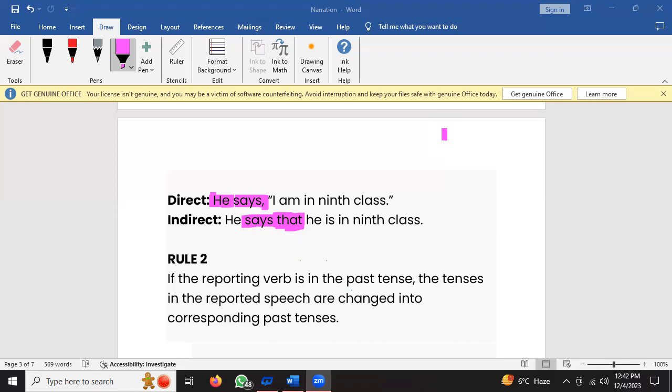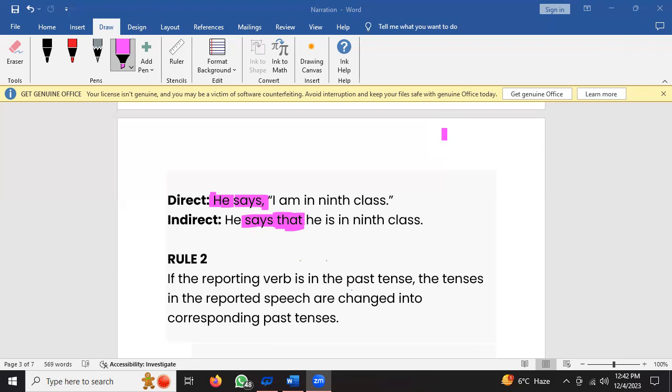But there are some situations where we don't have to use that. For example, when it comes to exclamatory or imperative, we use if and whether, and sometimes we do not add any conjunction there. So there are some places where we don't use the conjunction that. I hope you got the answer.